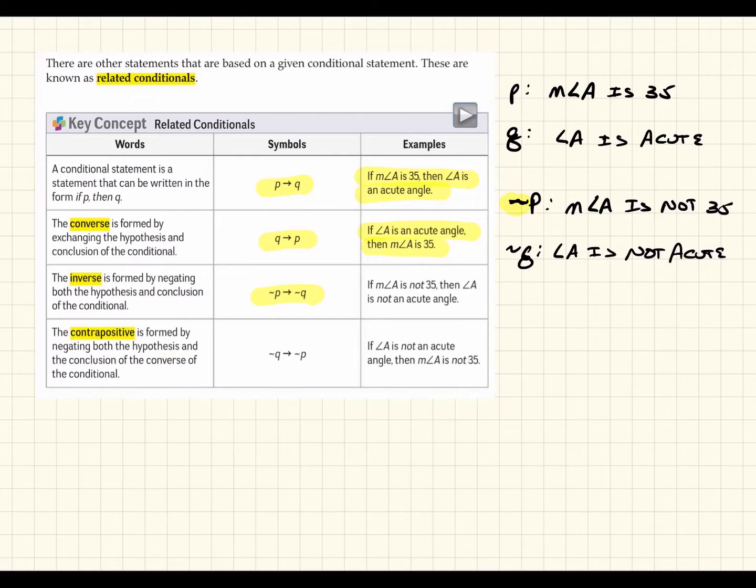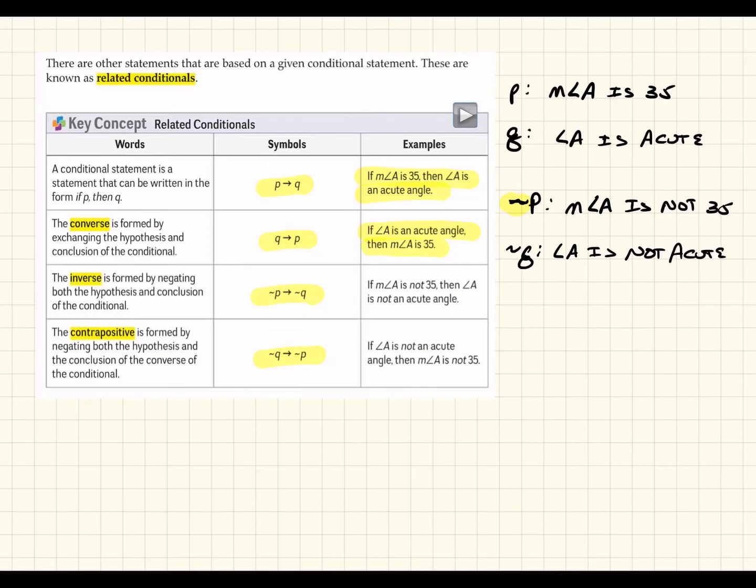Where an inverse negates the hypothesis and the conclusion of the conditional, a contrapositive negates the hypothesis and the conclusion of the converse. It is read as: if not Q, then not P. So let's take a look at what that might read.